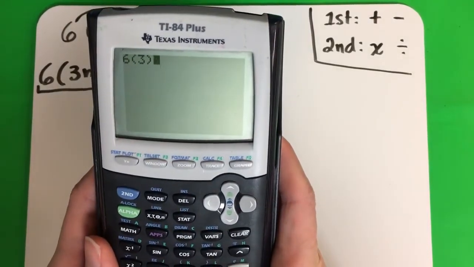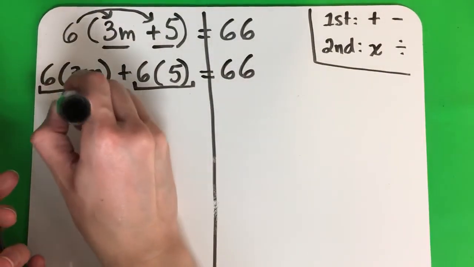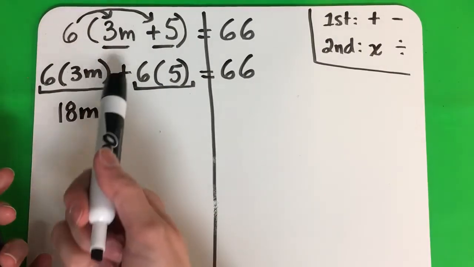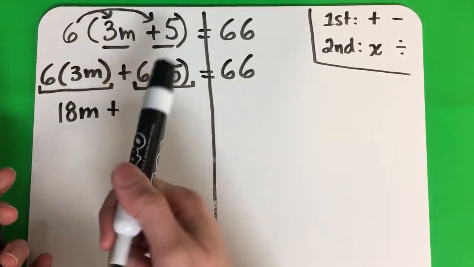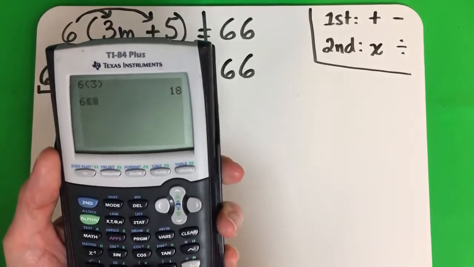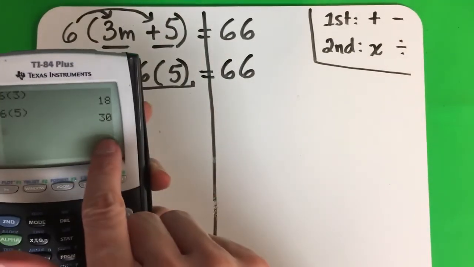So 6 times 3, 6 por 3, 18. 18. Copy m. Copy plus. 6 times 5, 6 por 5, 6 paréntesis 5 paréntesis, enter, 30.